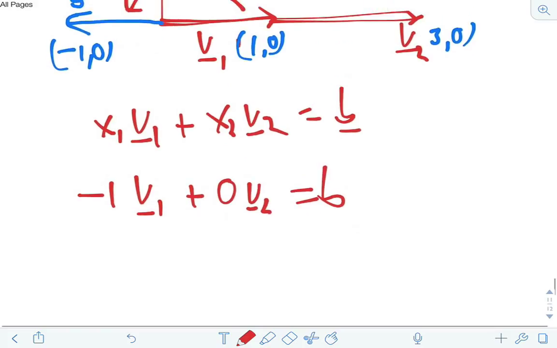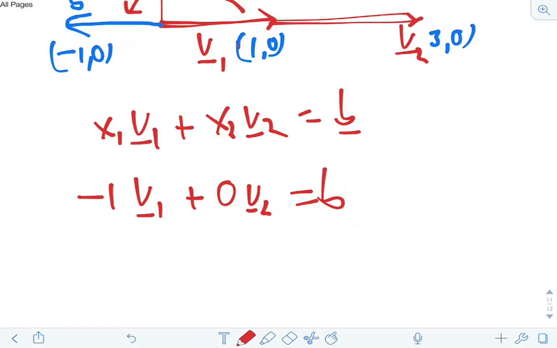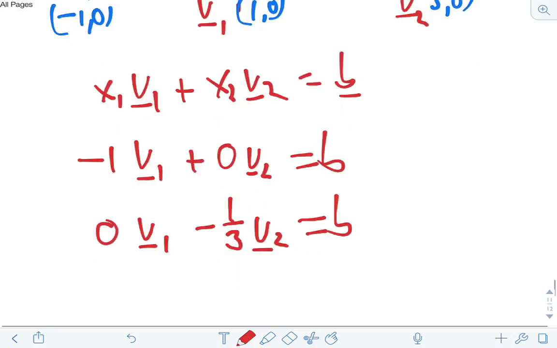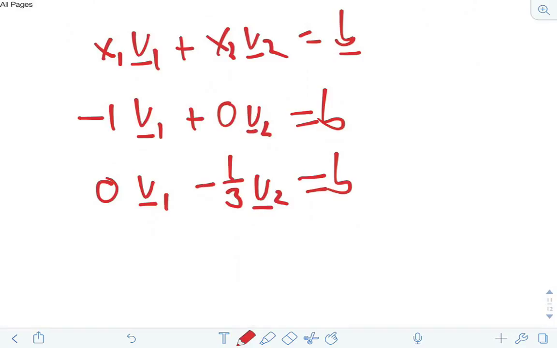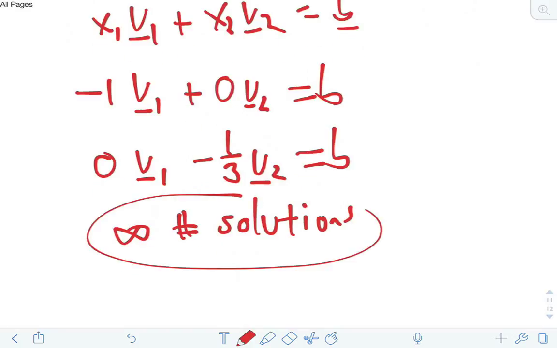Or we could do no v1s and minus a third v2. So we flip v2 over and scale it by a third, and we could get a b. And we'll find out there's other combinations. We can have both v1 and v2. In fact, there are an infinite number of solutions for x1 and x2 that will result in getting a b.